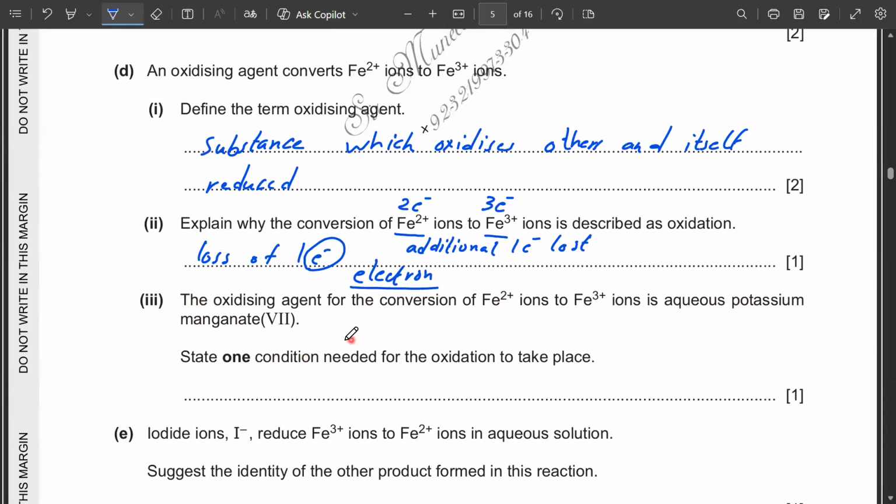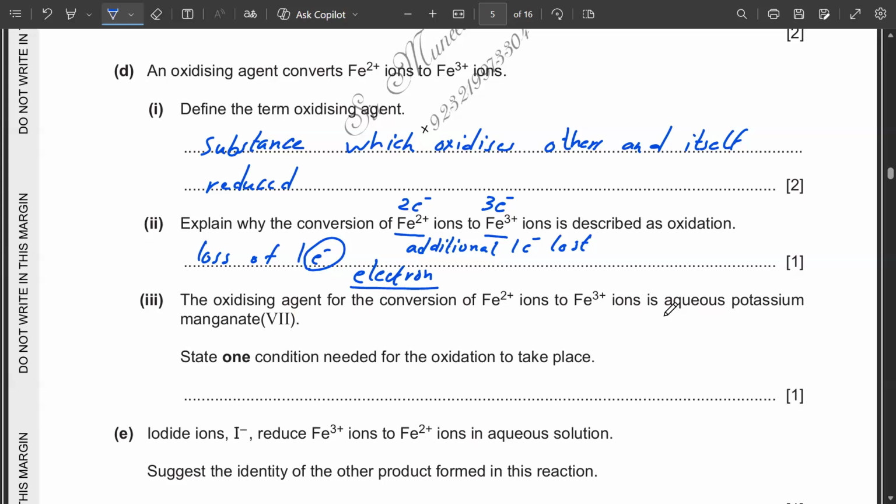All right. So converting iron 2 plus ions to iron 3 plus ions in the presence of the strong oxidizing agent is not a complete requirement. We also need the acidic medium because we studied this in the literature.